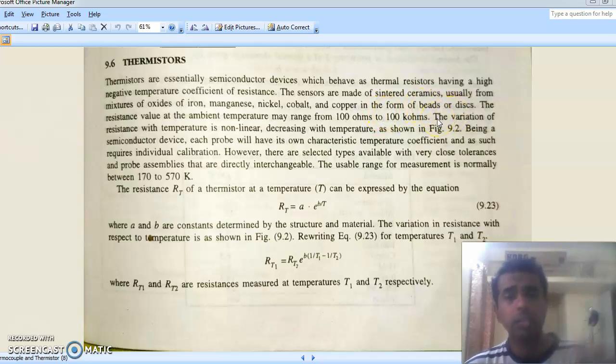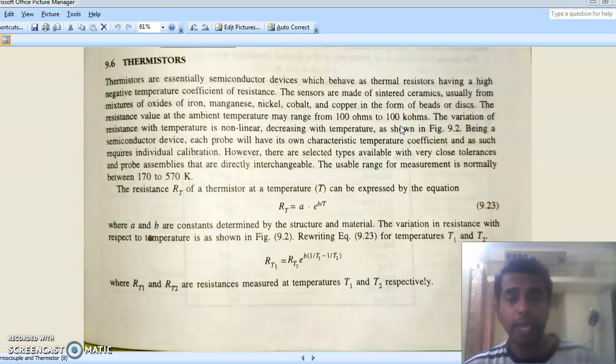That is about the construction of thermistors. Their resistance may range from 100 ohms to 100 kilo ohms, and their characteristic, the change of resistance with temperature, is highly nonlinear, an exponentially decaying curve, as we'll see.